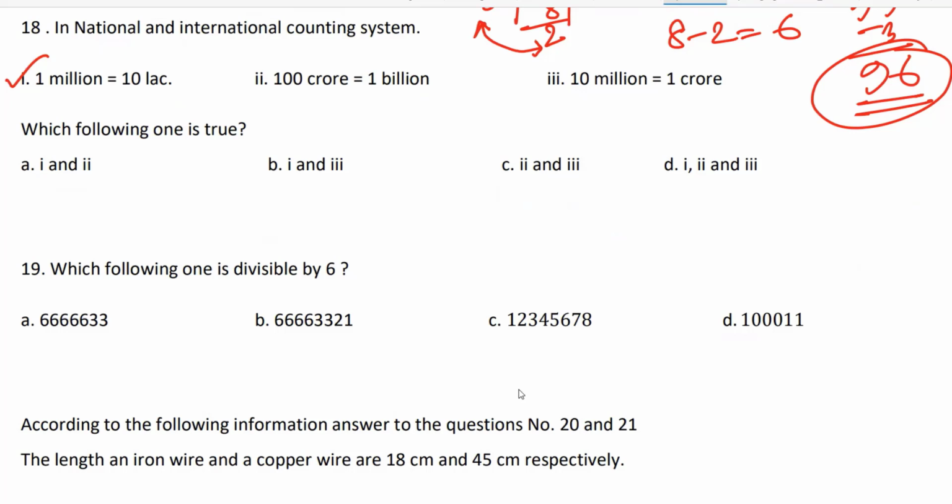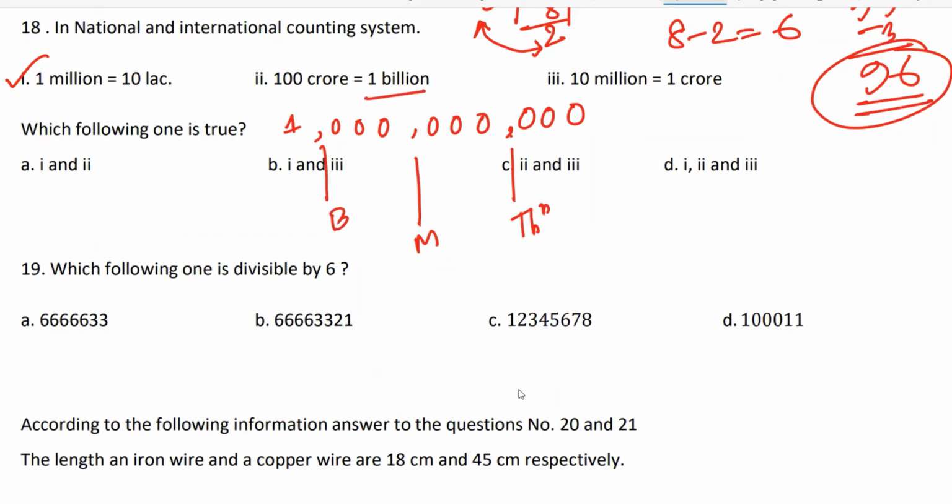Review here: 1 billion is written with commas for thousand, million and billion. The first comma is for thousand, the second comma for million, and the third comma for billion. So this is 1 billion. Now in the local system, it will be 100 crore. Okay, review.